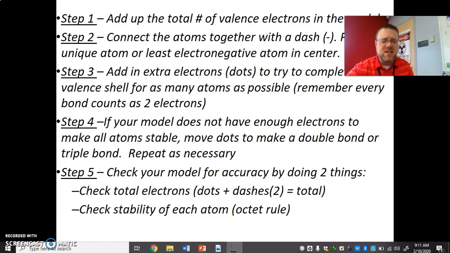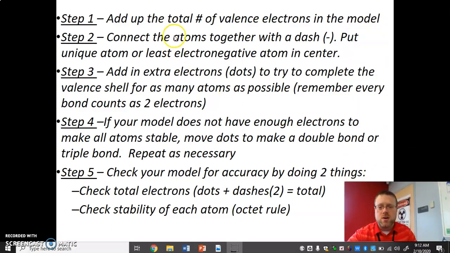Okay. So there are some basic steps in drawing a Lewis dot structure. And for my students, if you look at the right side of your first assignment in Unit 2A, these steps are listed there for you. So you can refer to those as needed.